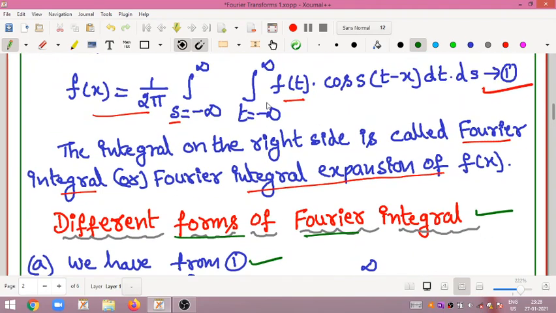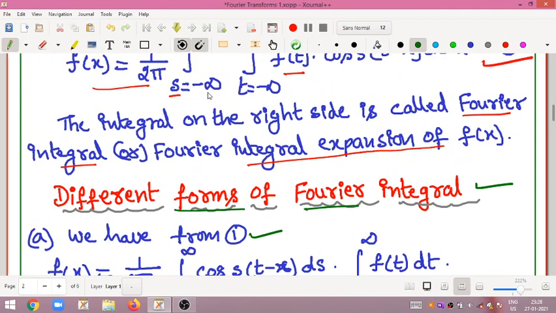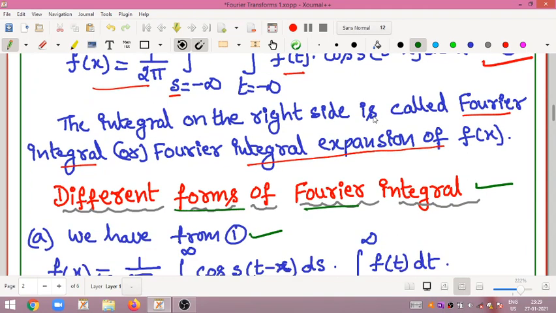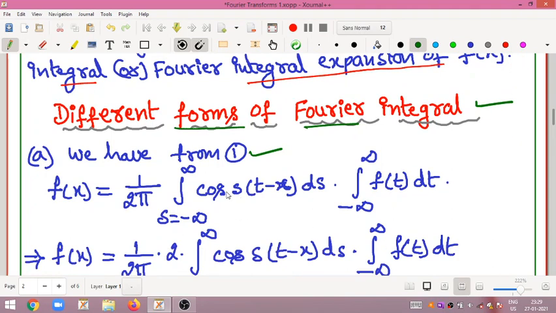In this equation I have split both integrals of these functions. So 1 by 2 pi into the integral of s from minus infinity to plus infinity; all the x terms I am writing at one place and all the t terms at one place, rewriting that first equation.